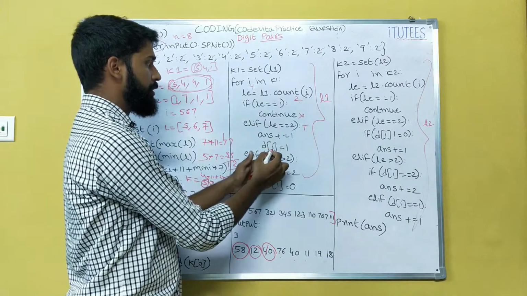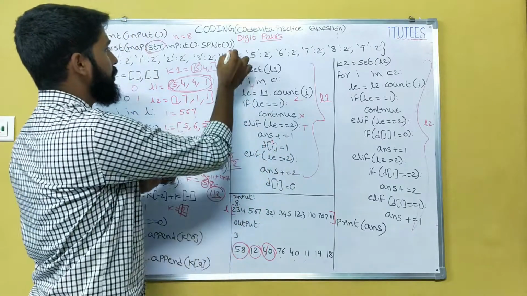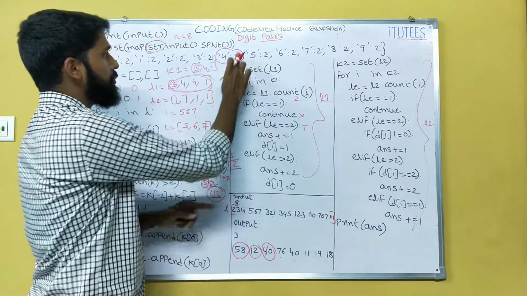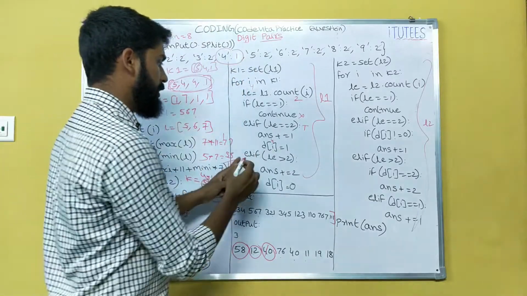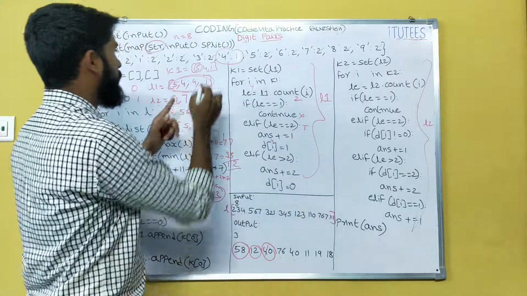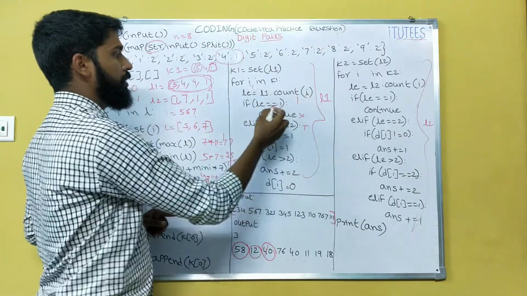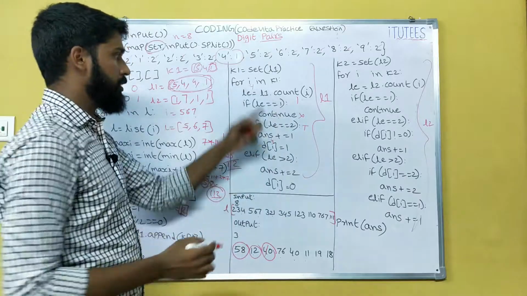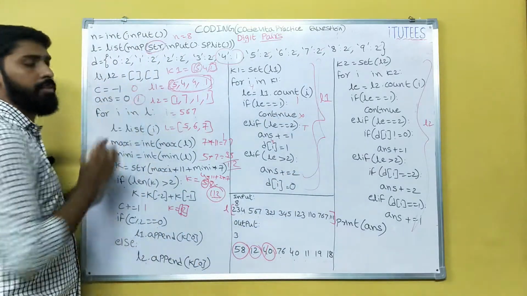D of I, what is the I value? I equals 4. D of 4 equals 1. Now this becomes 1. Next, we execute the next one. The next one is 1. How many ones? Only 1. So continue. That's it. So up to here, the pairs are 1.